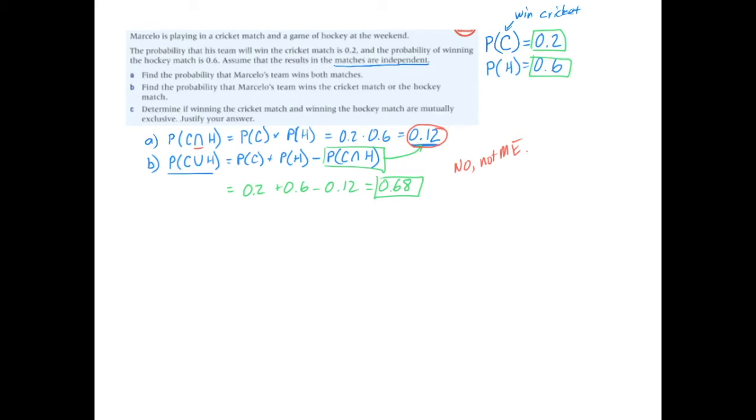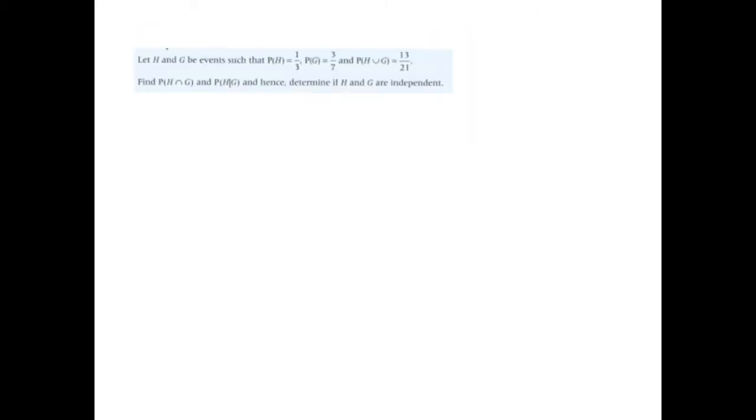Let's go ahead and look at a second example where we use this. This one is less of an application question and a little bit more of just being able to use the laws of probability that we've been introduced to.